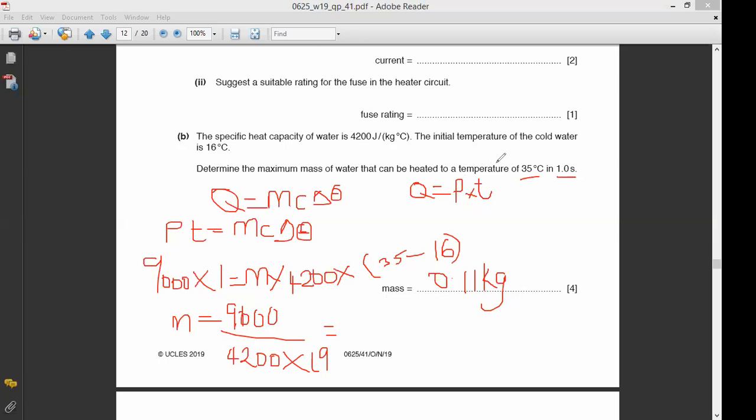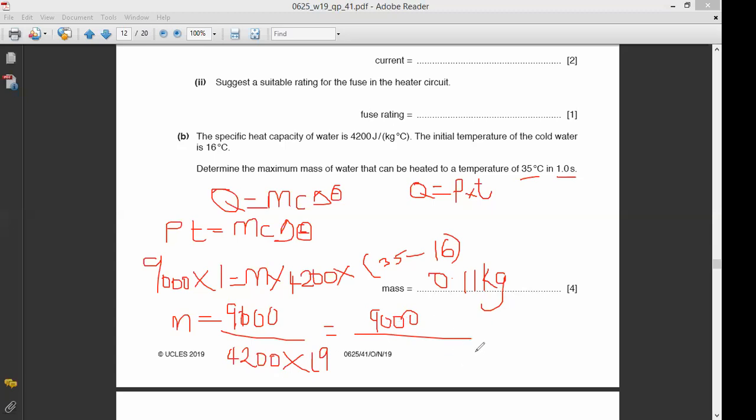So what are you getting now? Do the same thing. Now do this: 4,200 times 19 is 79,800. Now do 9,000 divided by 79,800.